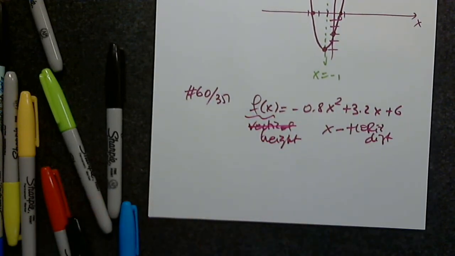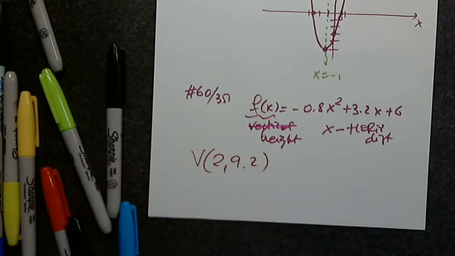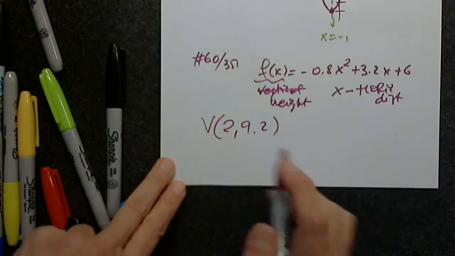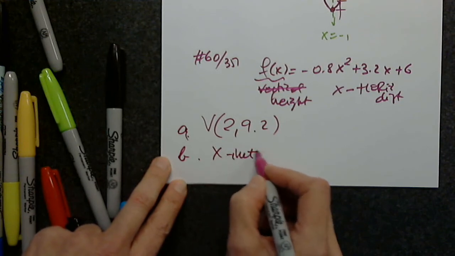If it's height, it's very clear. So we determined the vertex of this parabola to be 2, 9.2. That was done last time. And now we are asked to find the x-intercepts in part B.